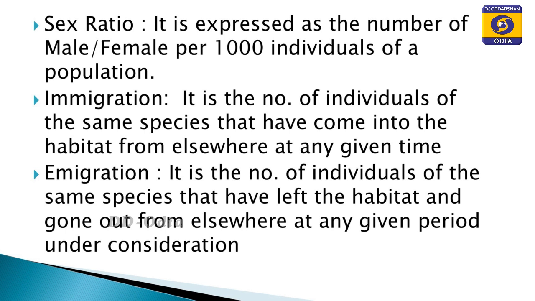More individuals will migrate from other places and they will survive there with the nutrients plentifully available, because the population is just starting over there. And when the population has already been settled, under that condition there will be immigration, but the immigration will be less.